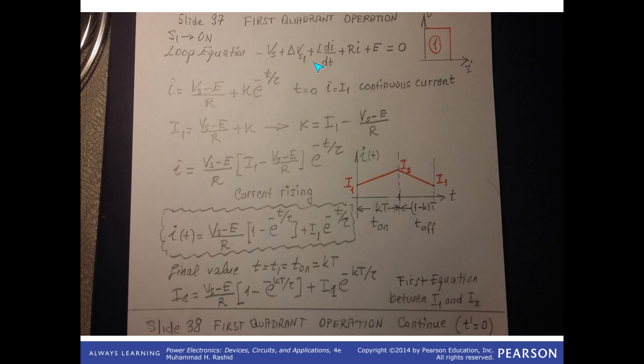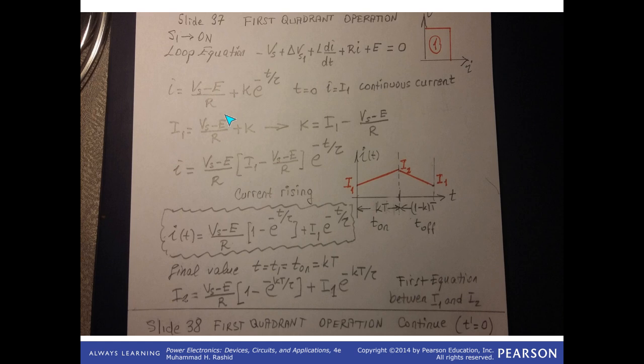it's the LRE equation. We already derived those equations. So we have two sources. One of them is Vs, the other one is E. Both of them are DC. So current is Vs minus E over R. Can you see that? You can't see that one, can you?